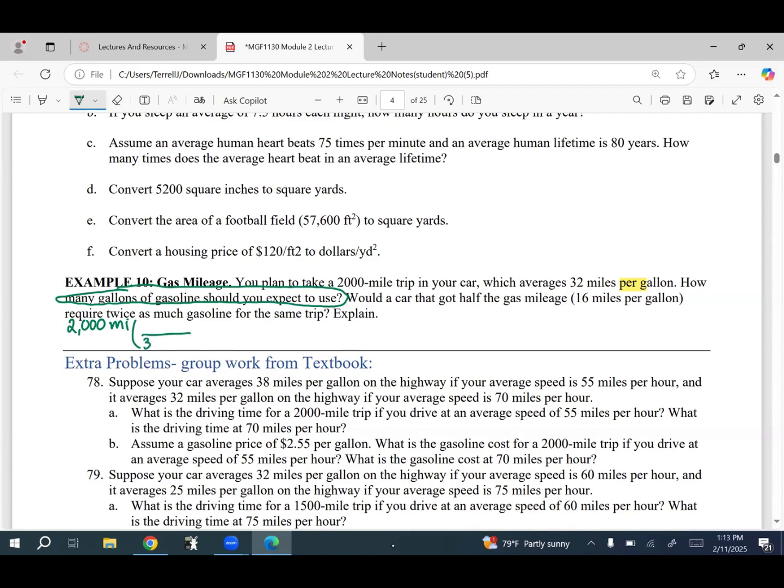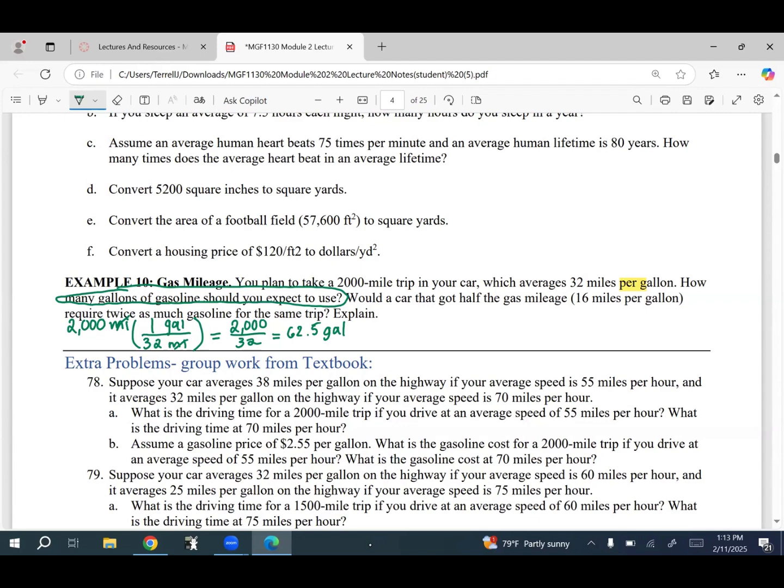So I'm putting 32 miles on the bottom, 1 gallon on the top. This way the miles can cancel. And so multiplying across, that's 2,000 divided by 32, which is 62.5 gallons. That's how many gallons of gas I would use for that trip.